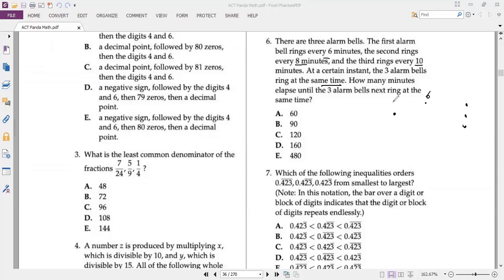When 8 minutes pass, the second alarm. After how many minutes will all ring at the same time? After how many minutes elapse until the 3 alarm bells next ring together?